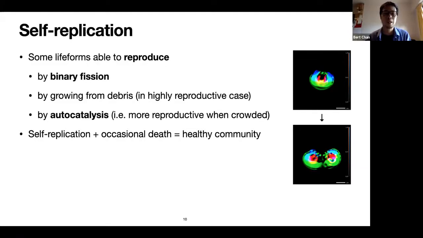There is also a case of autocatalysis. That means if the creatures get crowded, they do more self-replication. With this self-replication, and also if the creatures sometimes die out, it will produce a healthy community of cells or creatures that will not be too overcrowded.